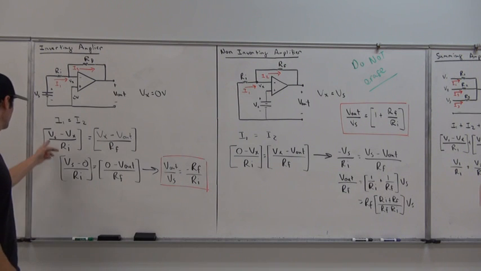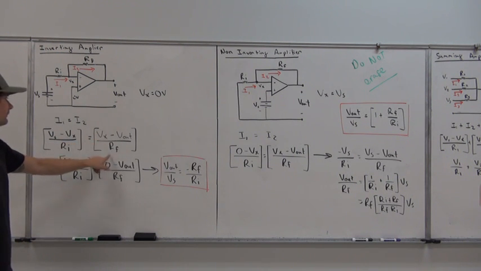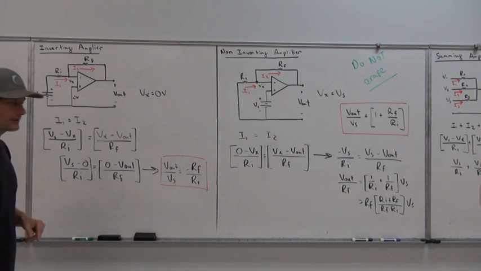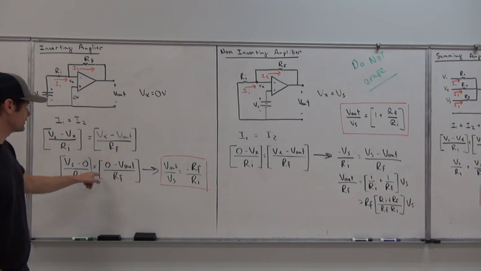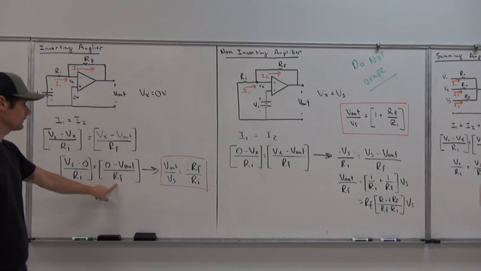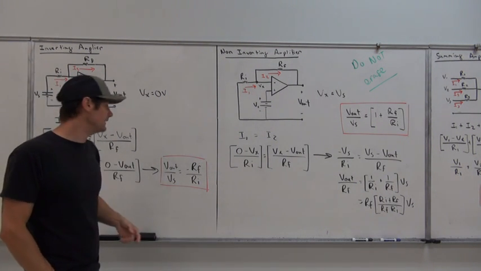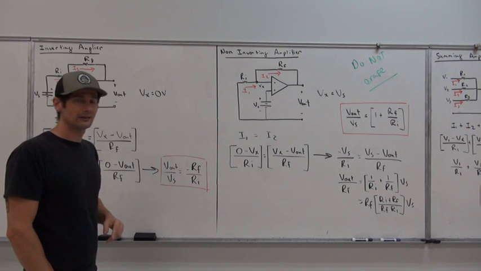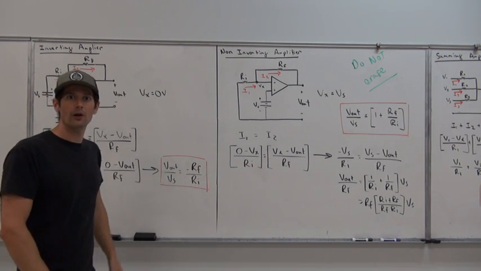Rewrite the equation: Vs minus Vx over the input resistance is equal to Vx minus Vout over the feedback resistance. So Vs minus 0 over Ri is equal to 0 minus Vout over Rf. We find that the gain, Vout over Vs, is equal to minus Rf over Ri.